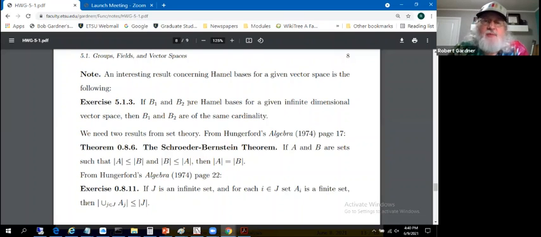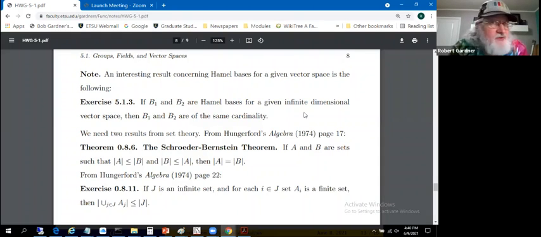It says if B1 and B2 are both Hamel bases for a given infinite dimensional vector space, then B1 and B2 are of the same cardinality. That's what we did in finite dimensions. Here we're explicitly doing it in infinite dimensions, again with Hamel bases. And so we could potentially define dimension using the cardinality of a Hamel basis.